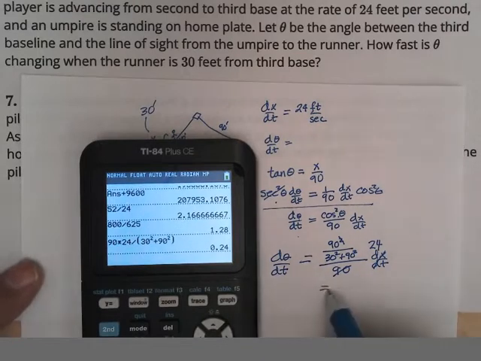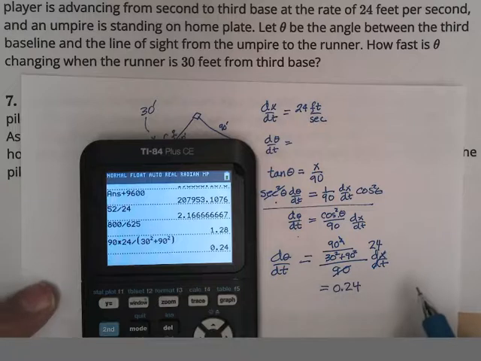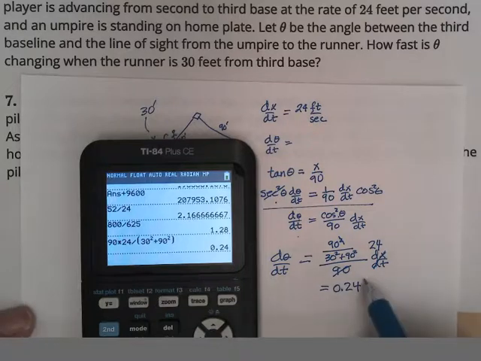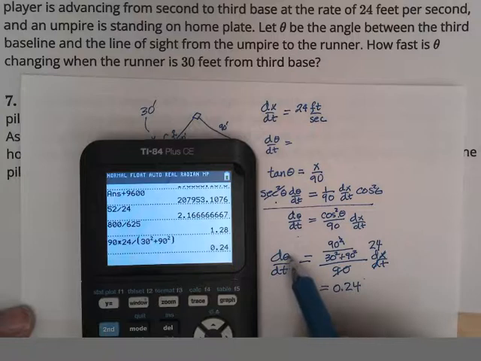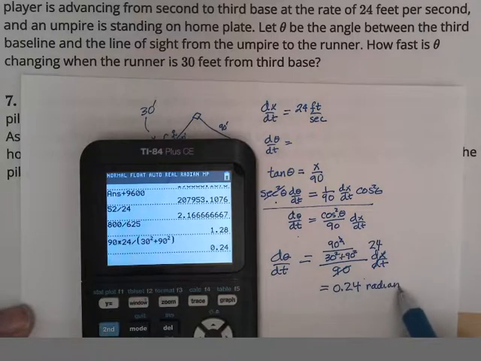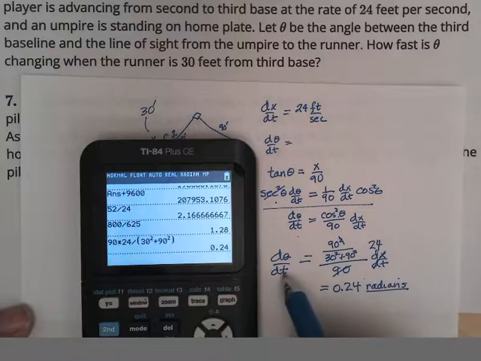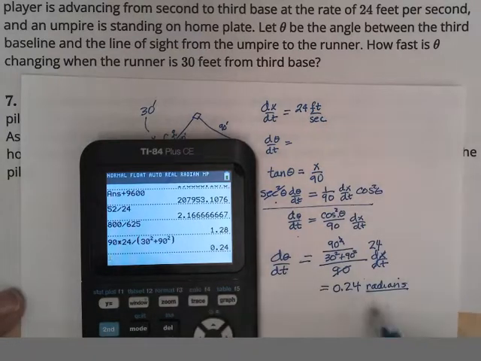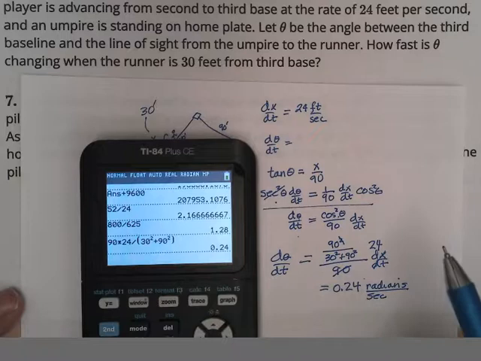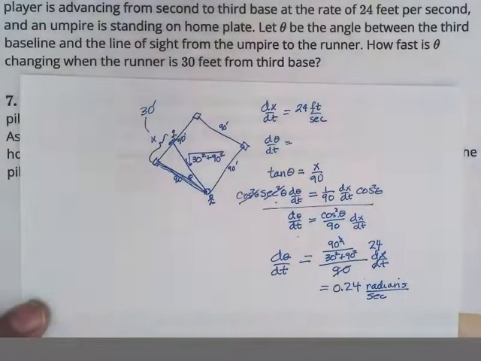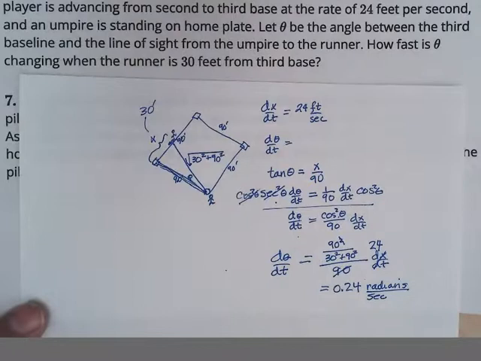And I get 0.24 radians, angle measured in radians, per second, since time was measured in seconds. So the angle is changing by 0.24, or roughly a quarter of a radian per second.